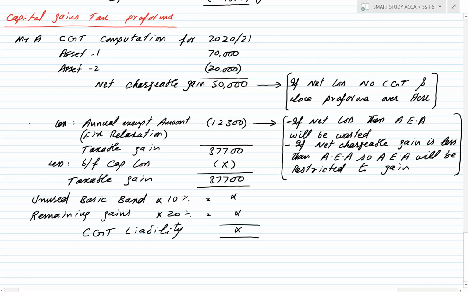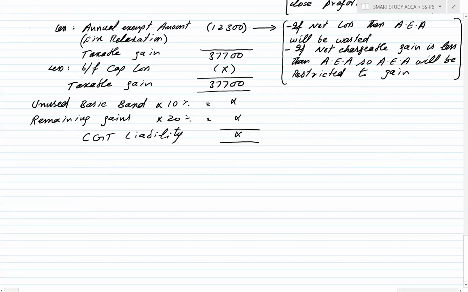So now, what is unused basic rate band? Let's move towards the next point. Basic rate band is basically a lower level for both income and capital gain where the rate of tax is lower.